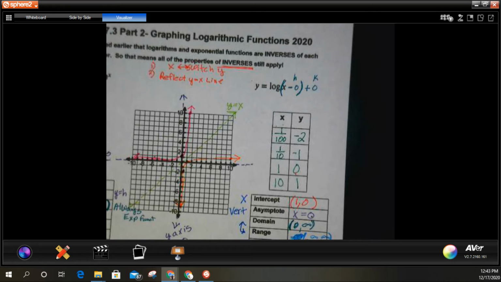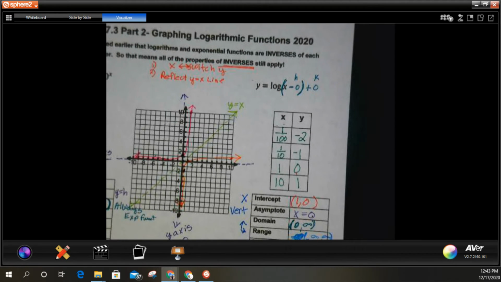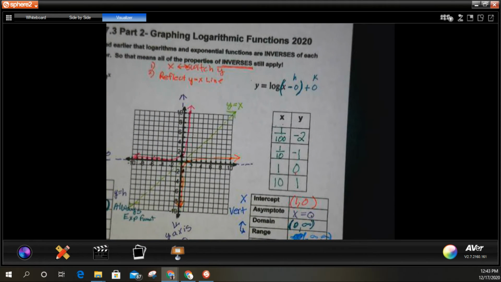I'm just thinking out loud that my new function here is going to go through that -3, 0, and that 6, comma 1 here. Oops, I'm sorry, I didn't have it right.